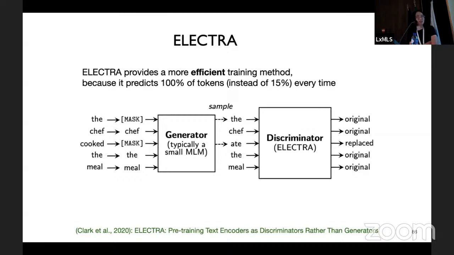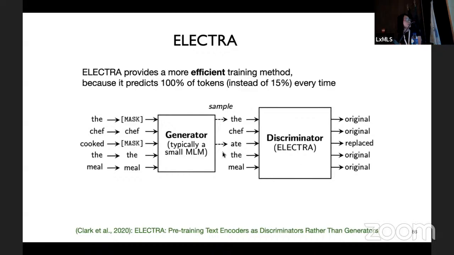I also want to mention there were a lot of explorations at that time trying to explore new pre-training objectives for these encoder-only models. One of my favorite models was called ELECTRA, by Stanford and Google researchers. Their idea is very quick. They have a generator and a discriminator. The generator is a smaller masked language model.